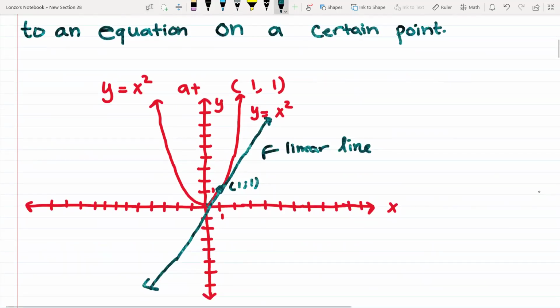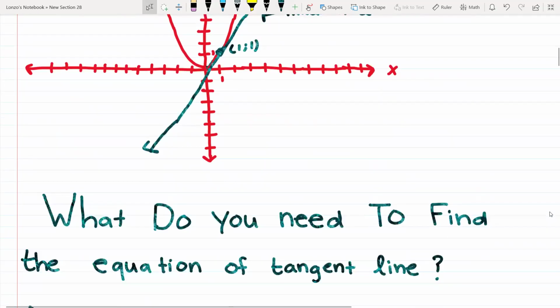The red one represents the x squared, the parabola, and the green line is the linear line. And that linear line is either in point-slope form or slope-intercept form. So that's what we're finding. We're basically finding the equation of the linear line that is tangent at a certain point. That's it. Nothing more, nothing less.